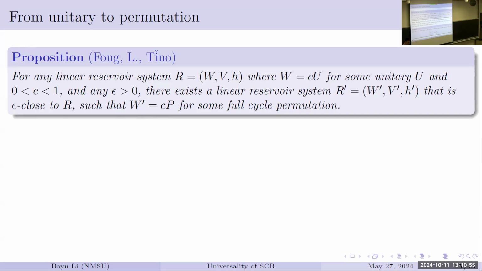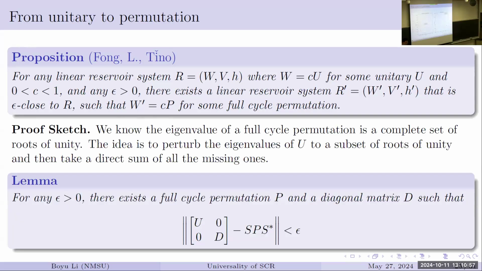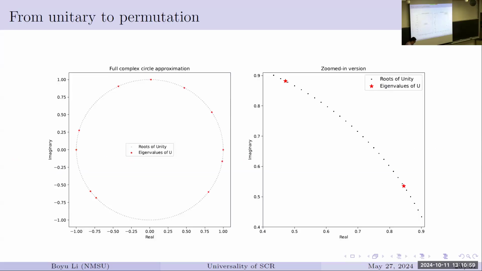I'll probably just skip it and show you this graph. The red dots are going to be the eigenvalues of your unitary. Now they're not going to form a full cycle permutation on their own, but they're close enough. You can move them around by a little bit. If you want a better approximation, then you just add a bunch more higher dimension. In the end, you want to move each red dot into a root of unity, into a distinct one.